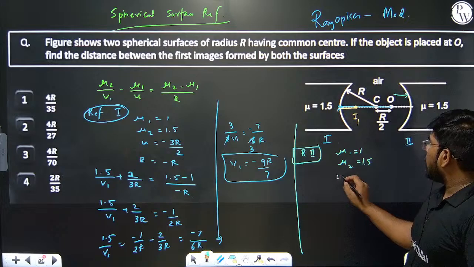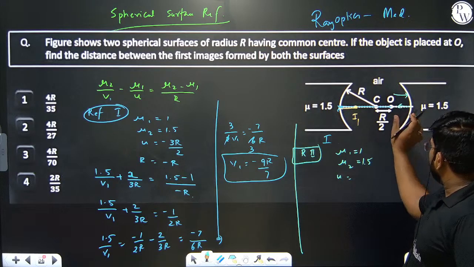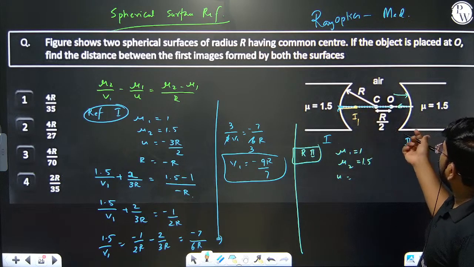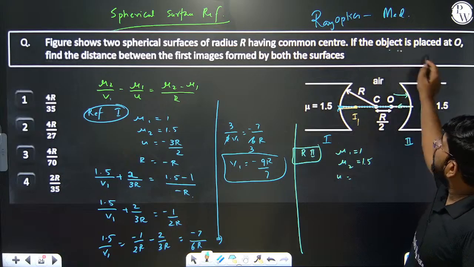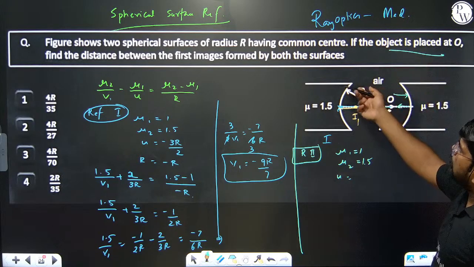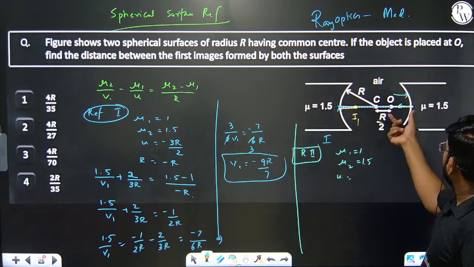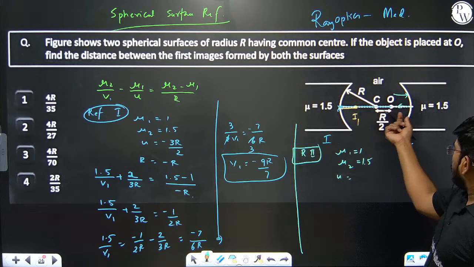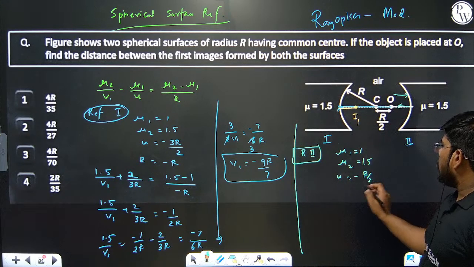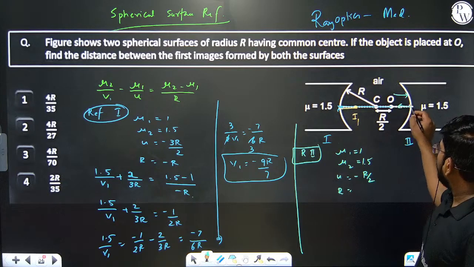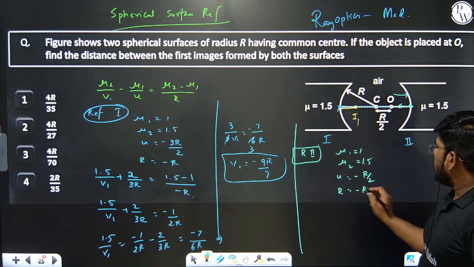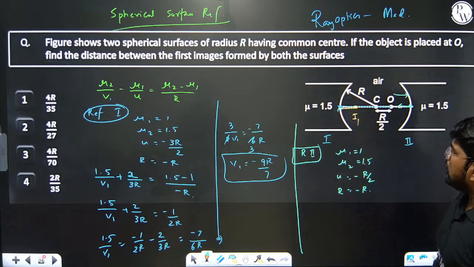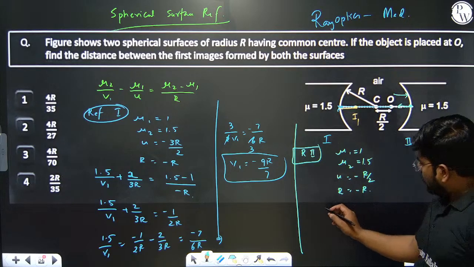What is u? If you see, the object is placed at O, again we can take the total as R, so this R by 2 is gone, so this is minus R by 2, and R is also, again from the pole we are going, so minus R. Now substitute all these things, let us once again do it.